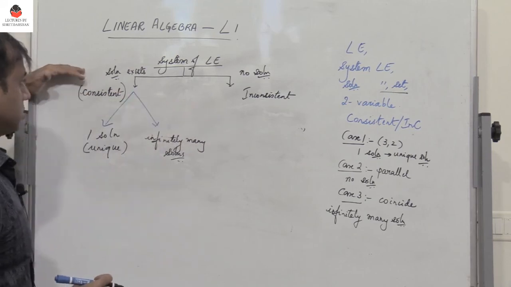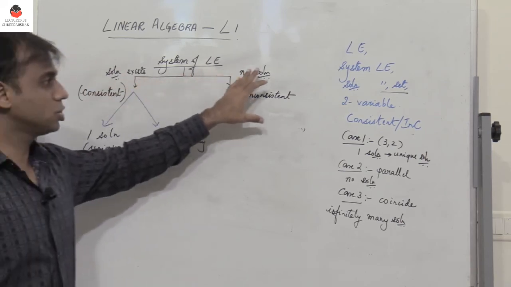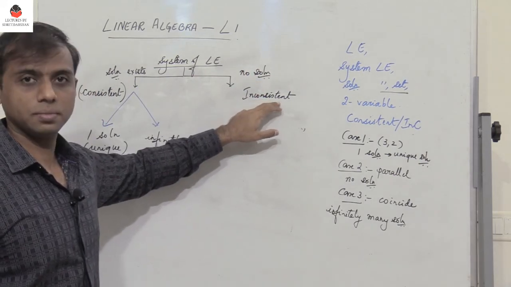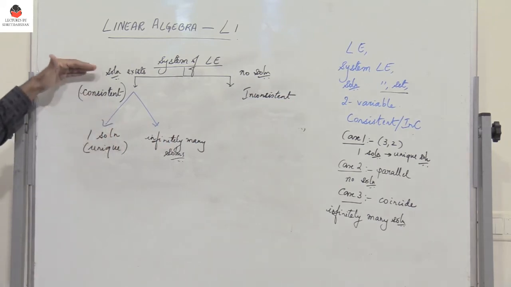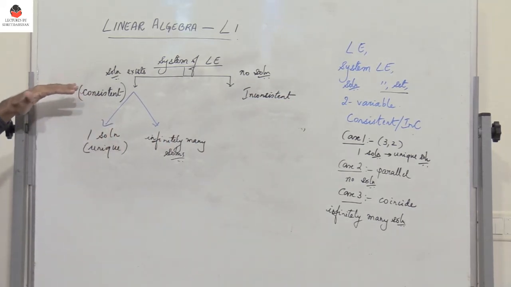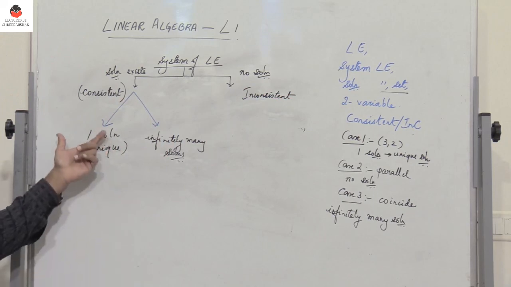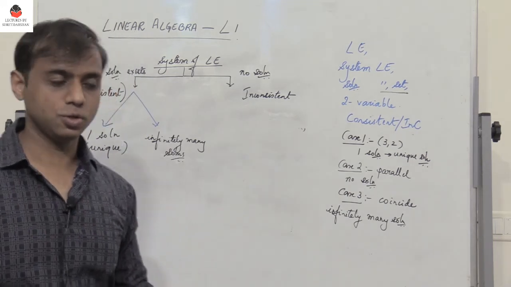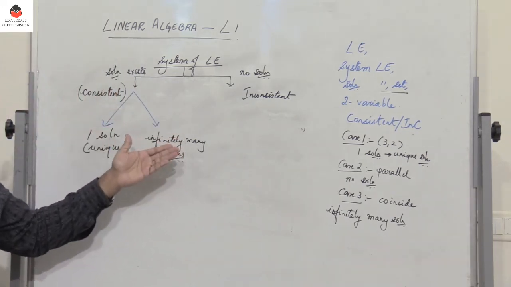If the solution exists, we say that the system is consistent. If there is no solution, then we say that the system is inconsistent. So it stops here. Now if they are consistent, then we have two cases. There could be only a single solution or a unique solution, or a case where there are infinitely many solutions.